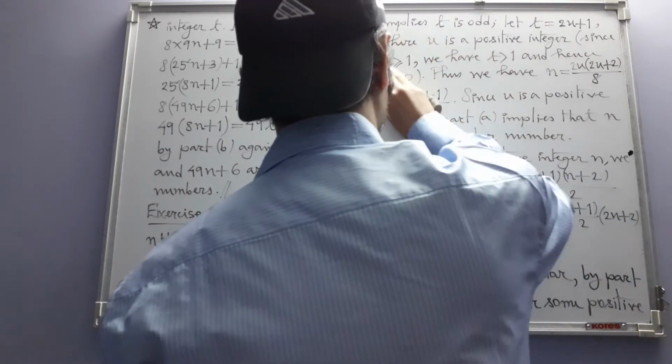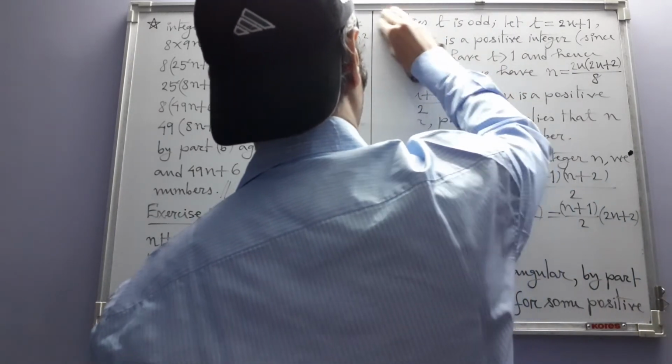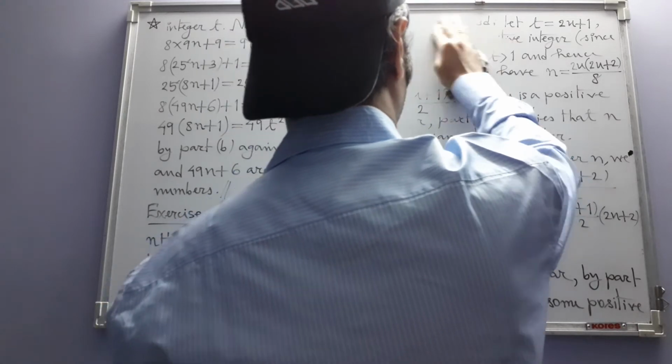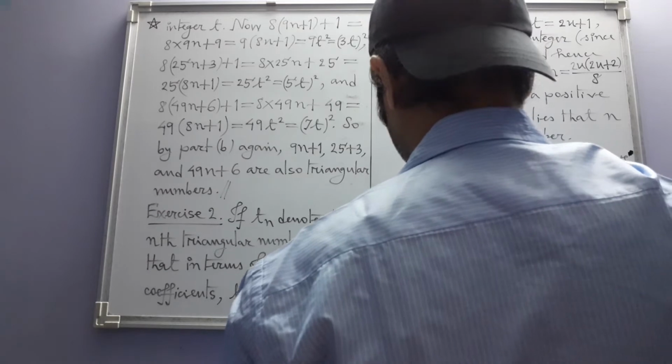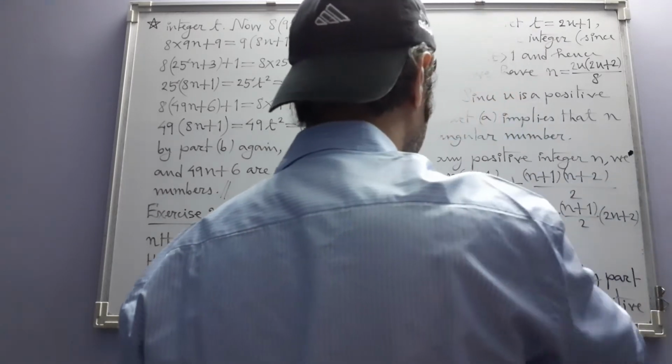And this is just we have to write the formula for the binomial coefficient that is given, and we have to see that it becomes equal to Tn.